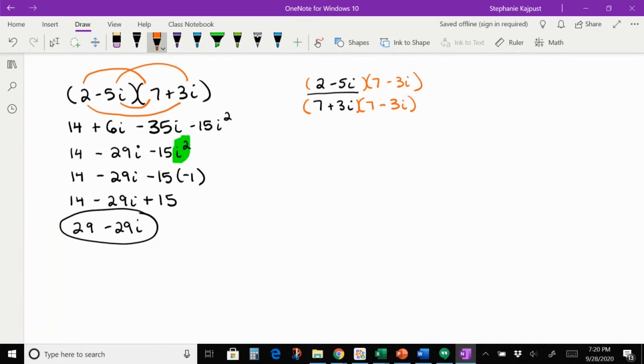This is because then on the denominator, we have a sum and difference of a binomial, and when you multiply that together, that gives you the difference of squares, and the middle term disappears. That's the point here: we're trying to get it so that the middle term with the i disappears.